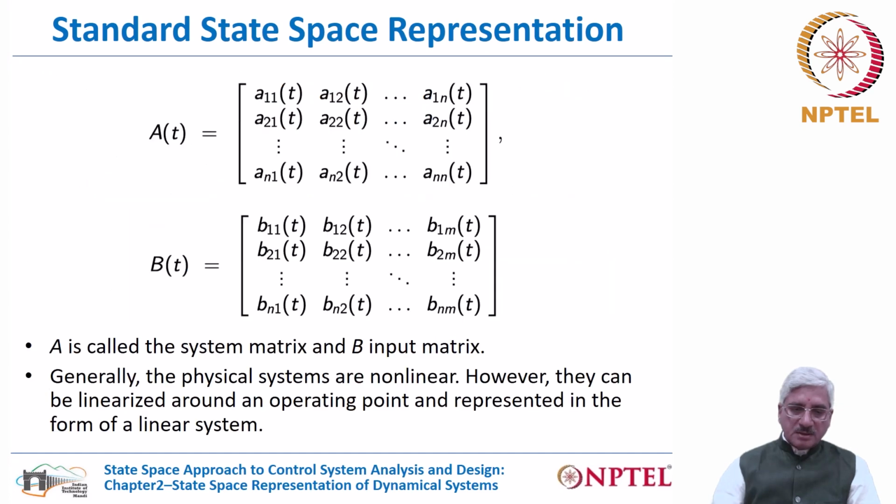And if the system is time varying, then when they are represented explicitly, some or all the elements of matrices A and B will be varying with time. For example, it is written as a11(t), a12(t), etc., a21(t), a22(t), etc.